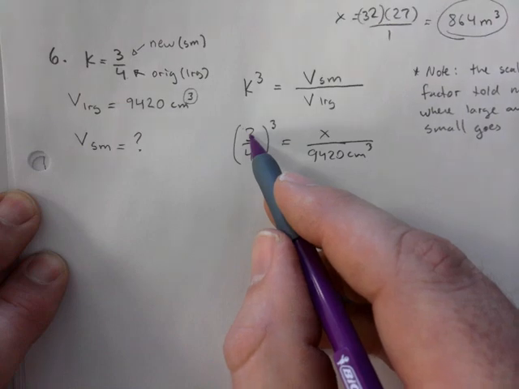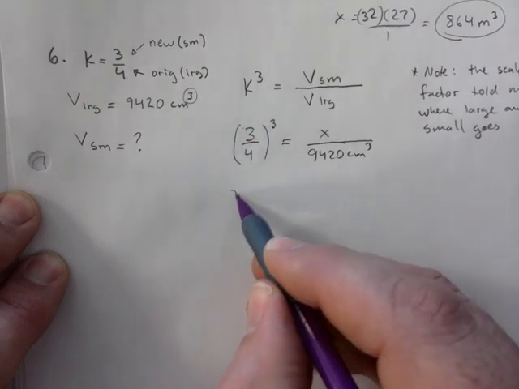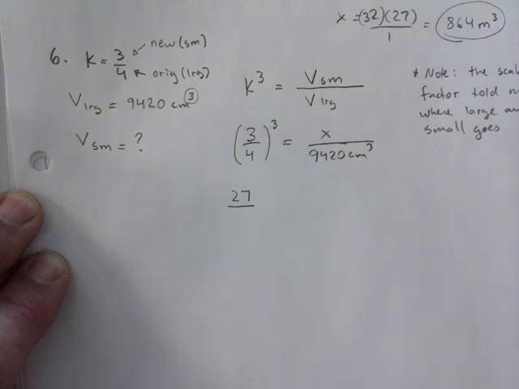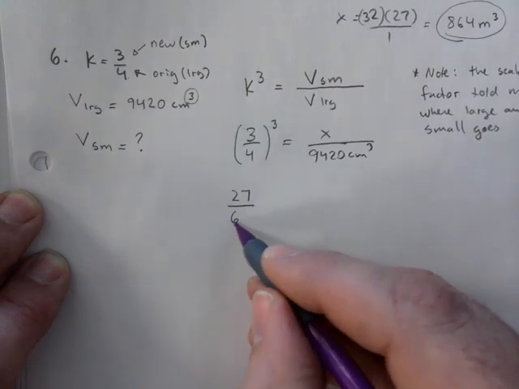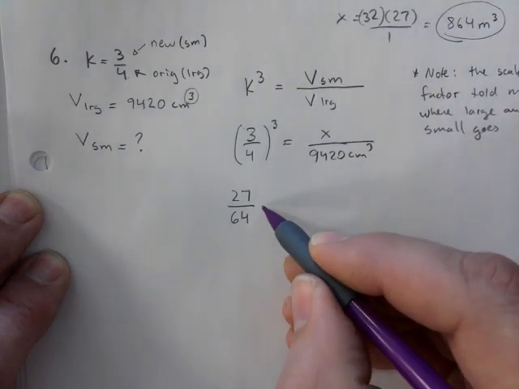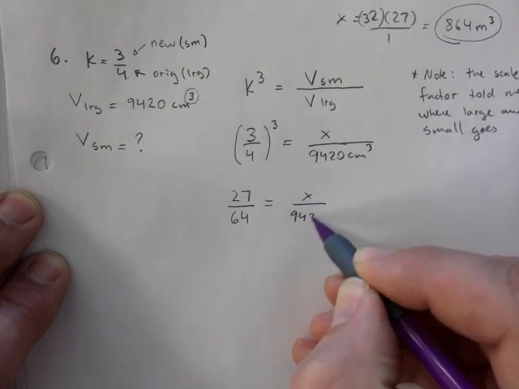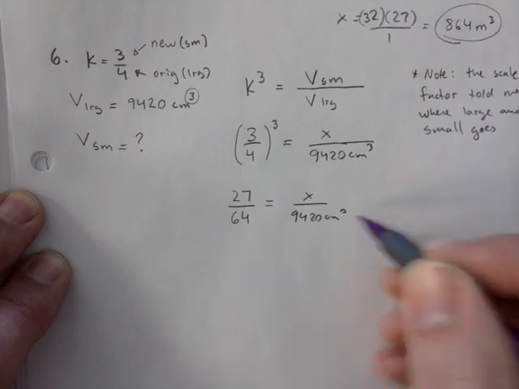If you cube that, 3 cubed is 27. 4 cubed, anybody remember? 4 times 4 is 16 times 4, 64, right? And that is x over 9420 centimeters cubed.